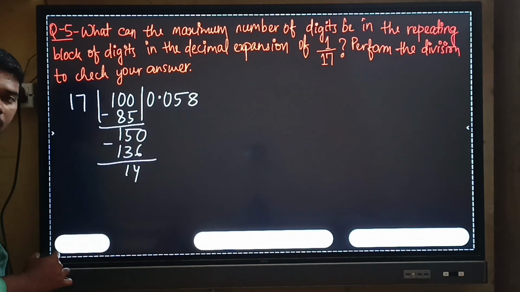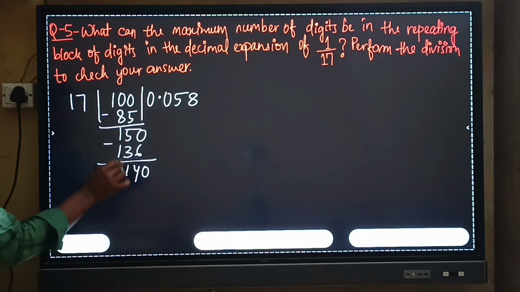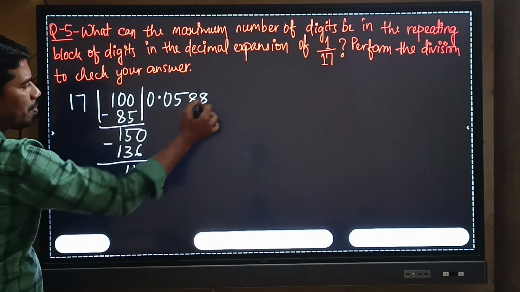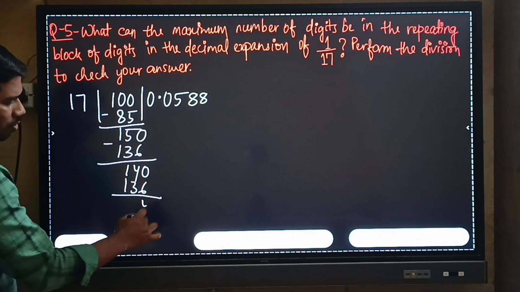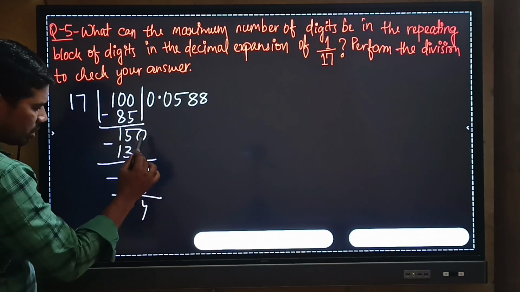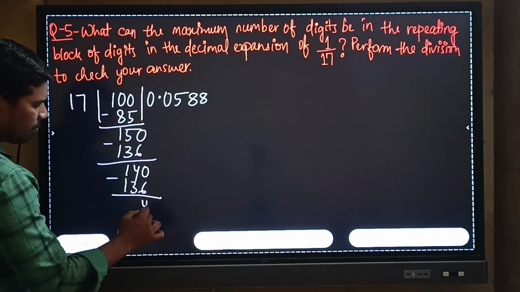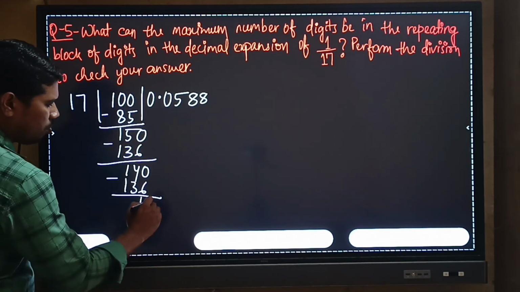14. Again 0 will come, 140 is there. So 17 again 8s, 136. Again 4. If you subtract, again 4. So 4 again comes, the decimal point is there, that will become 40.